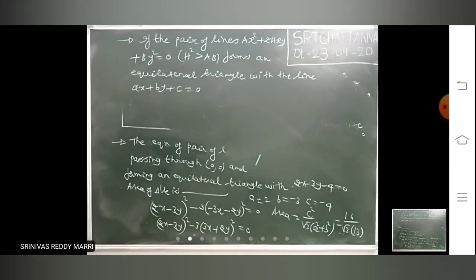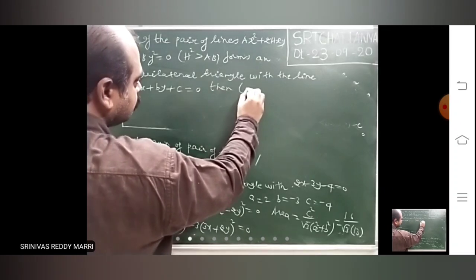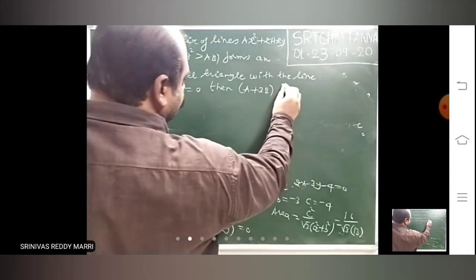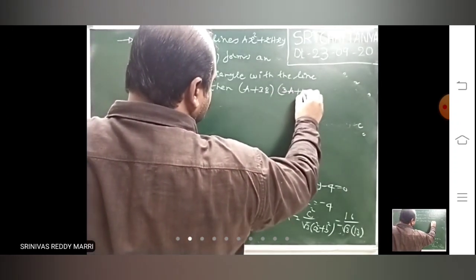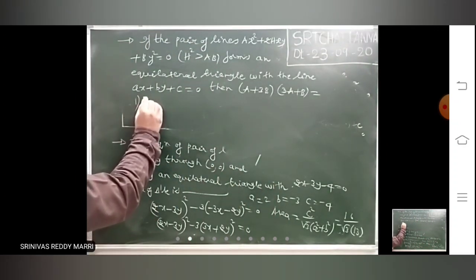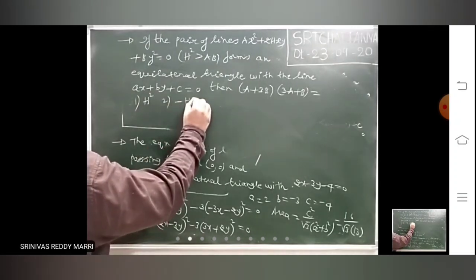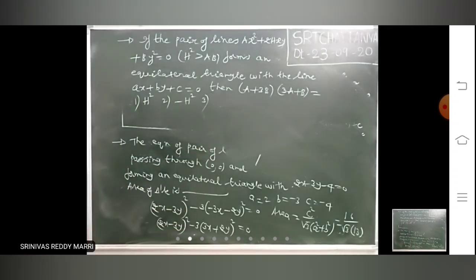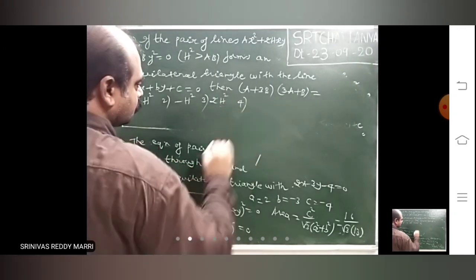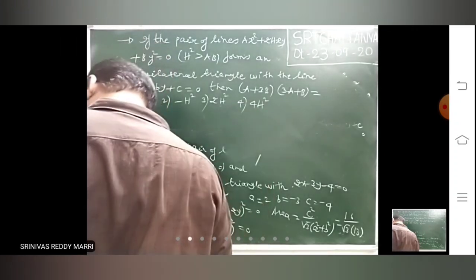ax plus by plus c equal to 0, then (a plus 3b) into (3a plus b) equal to... Look at this problem.